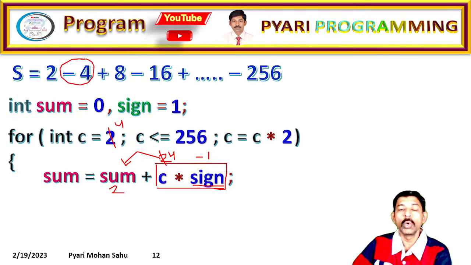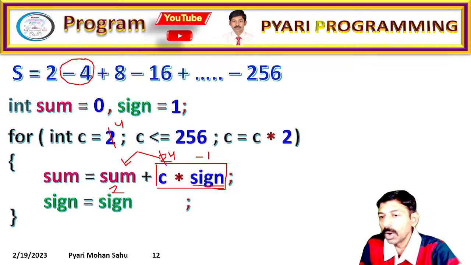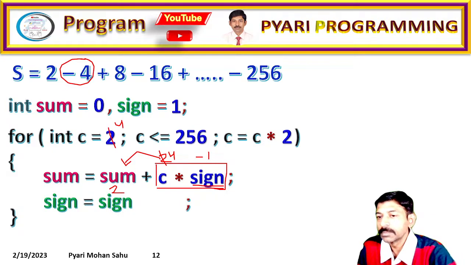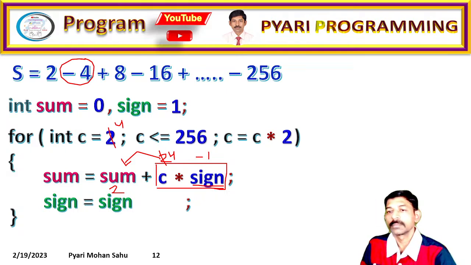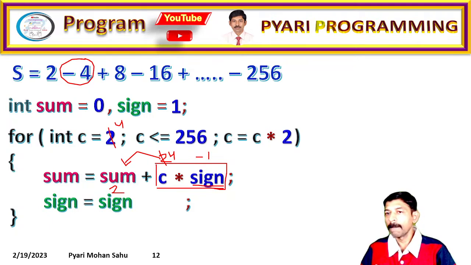So what should I do to update the sign value? Now what should I do for the shift sign?